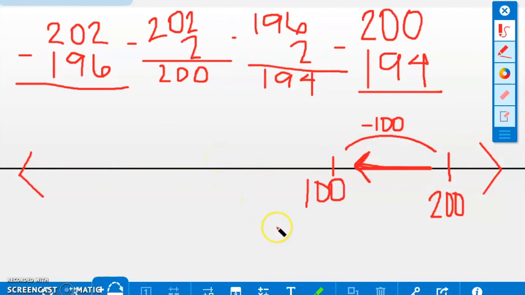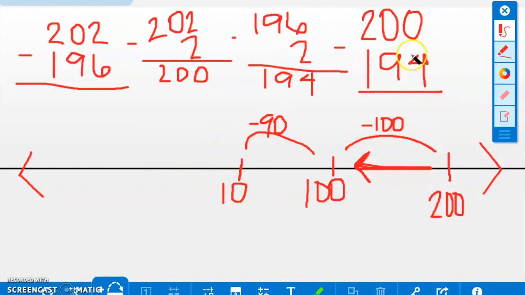And then once you do this, you'll go back up to your 194 and you would see the 9 in the tens column, so then you subtract 90 from the 100 you had, and that gives you 10.